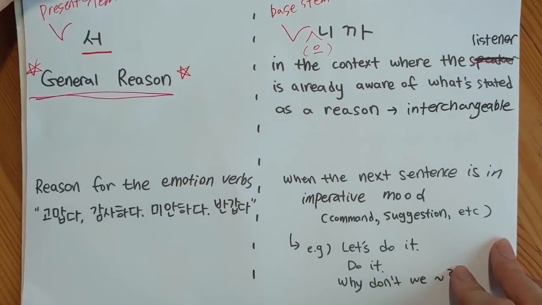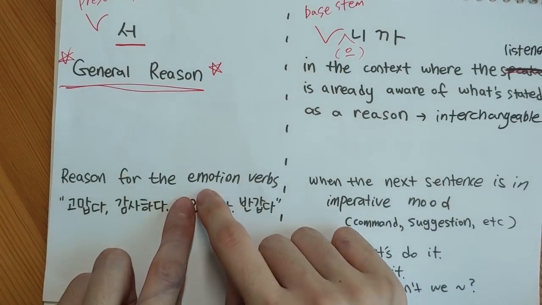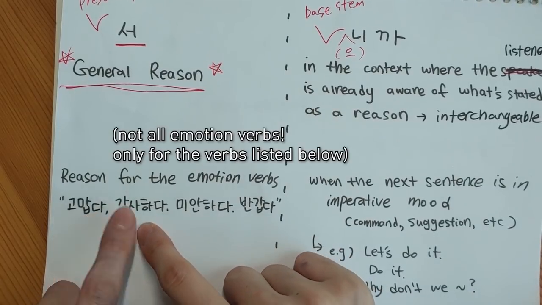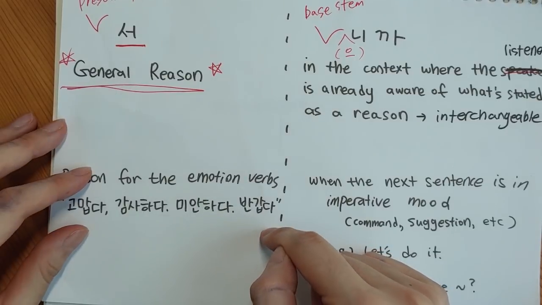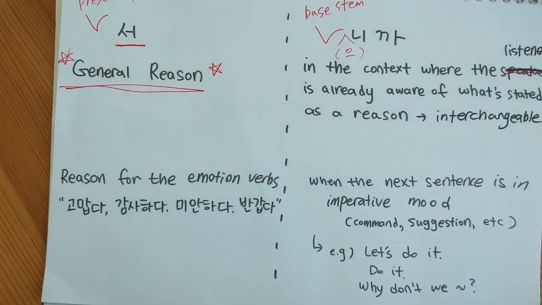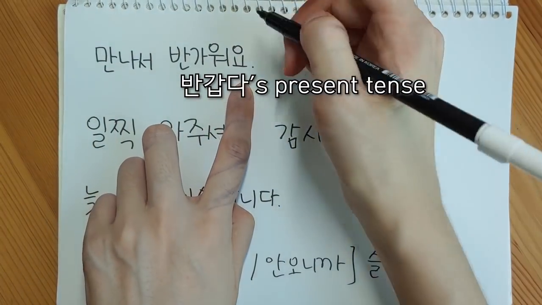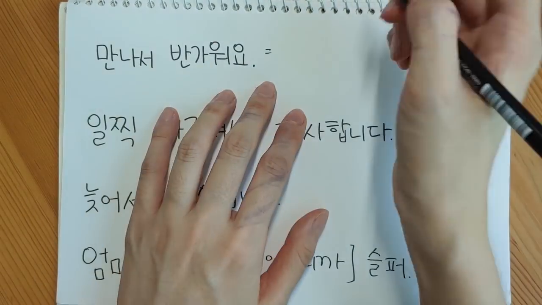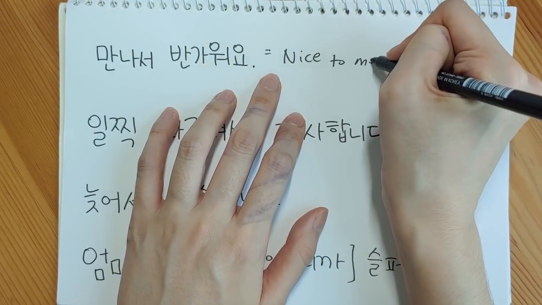And let's also look at other differences. So when stating the reason for emotions like 고맙다, thankful, 감사하다, also thankful, 미안하다, to be sorry, and 반갑다, to be delighted. So for example, 만나서 반가워요. This is the common expression in Korean that I'm pretty sure we learned, right? 만나서 반가워요 means nice to meet you.